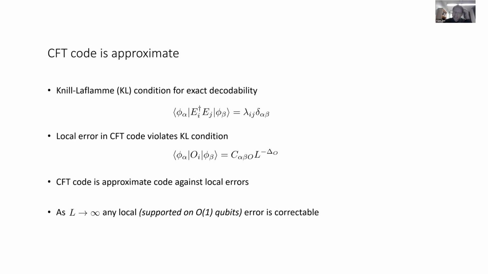You can still make one error exactly correctable. I'm pretty sure that by your construction you can make one error exactly correctable. But when you consider 2 errors, let's say you have O_i on one side and O_j on the other side, then the symmetry typically doesn't stop you from getting a non-zero number. So for 2 errors, it will still be approximate.